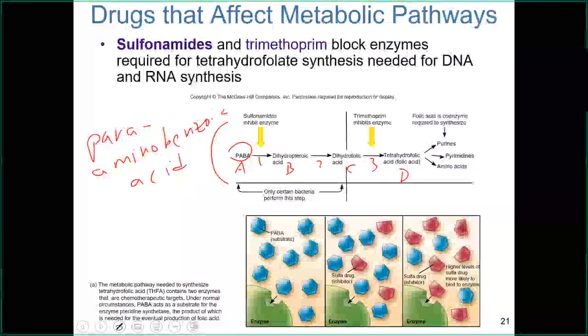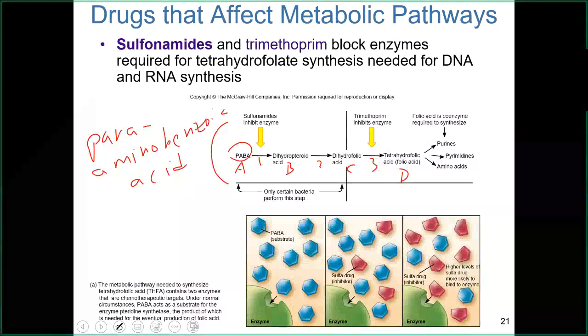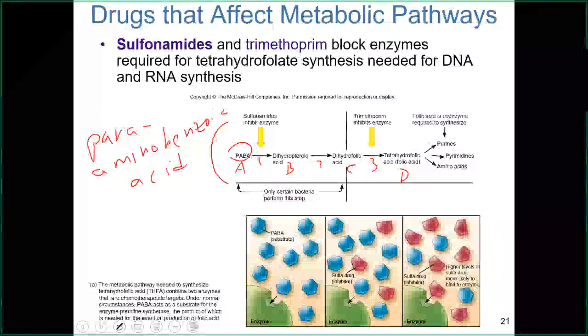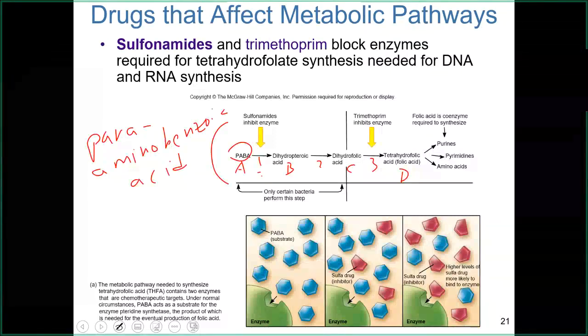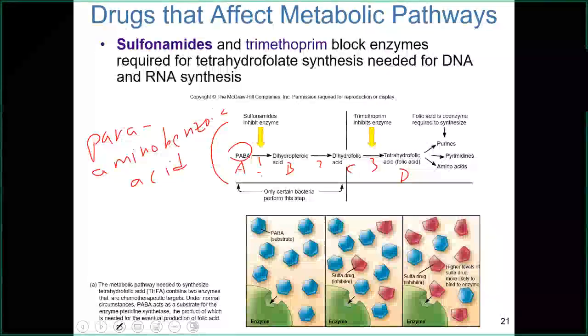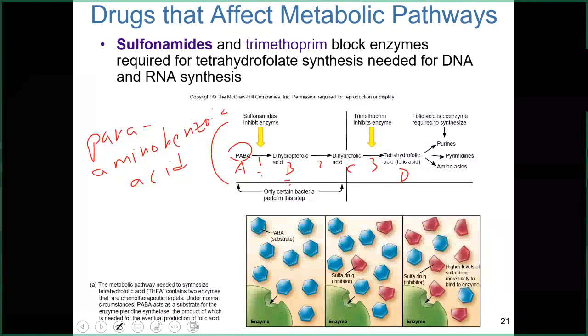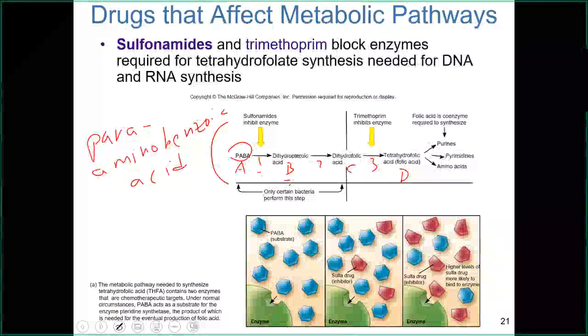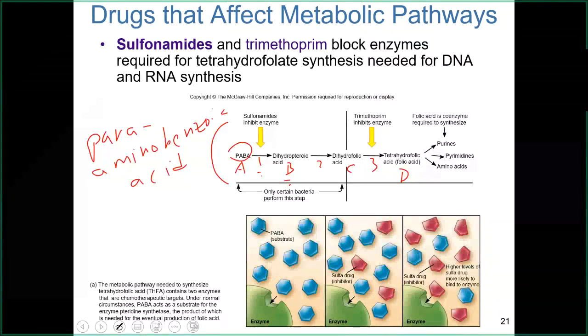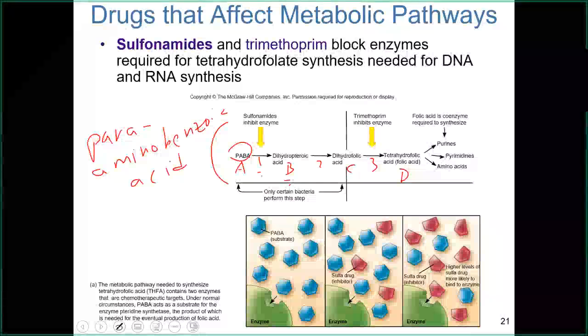We don't use it. They take it up as a substrate. There's an enzyme number 1 here, whatever that is, acts on PABA to turn it into this stuff here, B, dihydropteroic acid. P is silent in that, by the way. Dihydropteroic acid. Now, that is an intermediate.